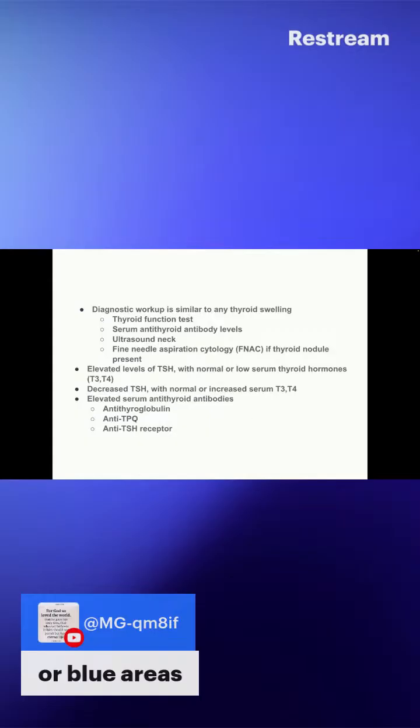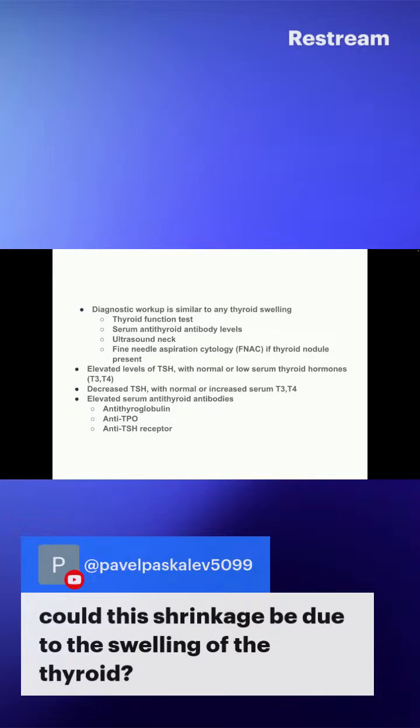So why do we see these kinds of diseases? You would think that, okay, there are specific antibodies, so why don't they just do the antibodies, and if they are elevated, that's it? Why do they take it out and send it to pathology? What happens is most of these patients get referred to ultrasound, and sometimes the radiologists see something they think may be a solid lesion which they are worried about, so they prefer to send it to histology.